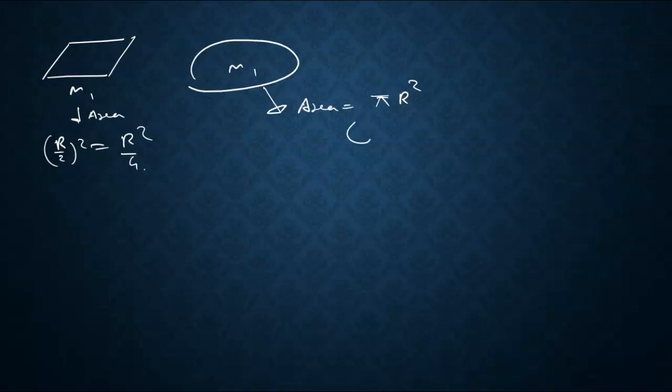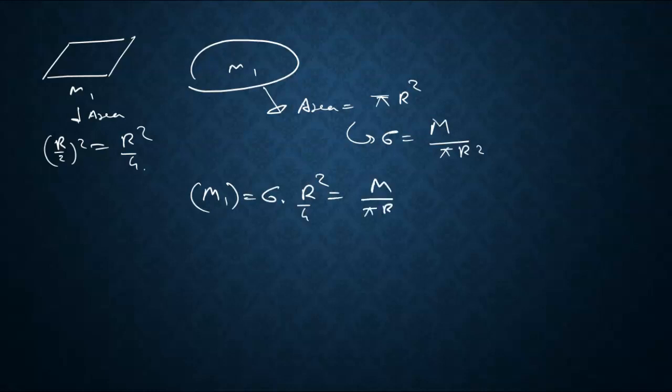So from here we can say that mass per area, that is sigma, equals to m by pi r square. So the mass of the lamina, that is m1, equals to sigma into r square by 4. That is equals to m by pi r square into r square by 4. So r square and r square cut, that is equals to m by 4 pi, equals to m1.